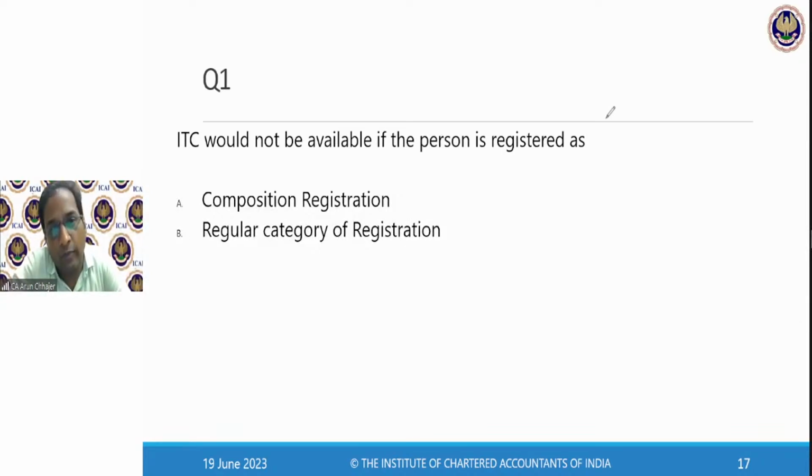ITC would not be available if the person is registered as composition or regular. We studied this just now. We had the discussion just now. Answer, everyone. Which option is correct, A or B?